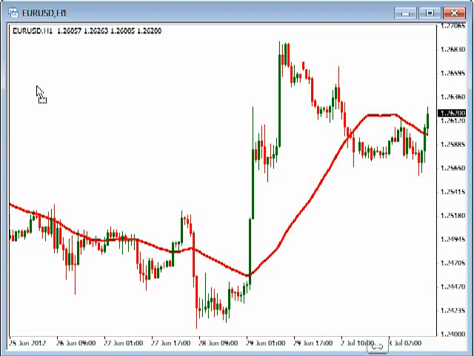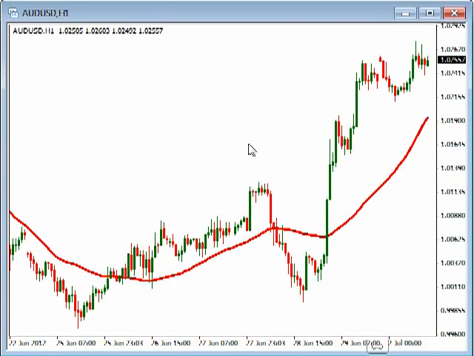Now as we switch to other pairs, for example the Aussie US dollar, we can ask, what is happening here that would give us the idea that the trend is now in an uptrend?